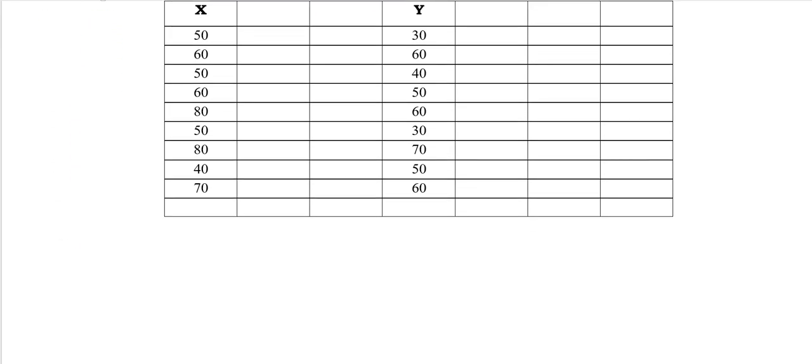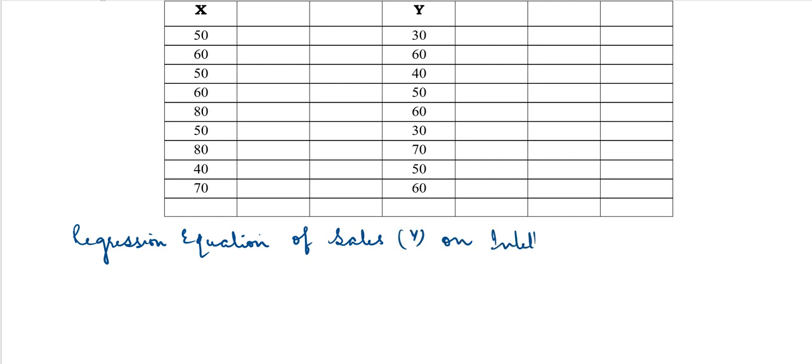Let me write down. You have to find out the regression equation of sales, that is y, on intelligence test score. The way it is being asked in the question, in the same way I'm making a note of it.